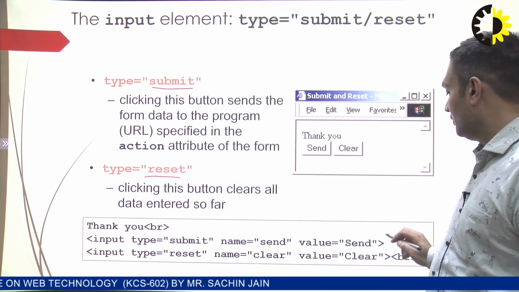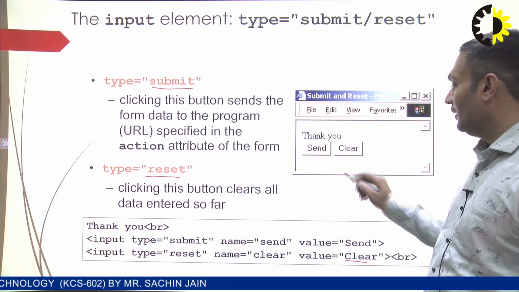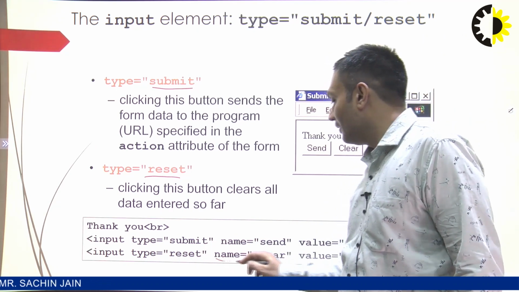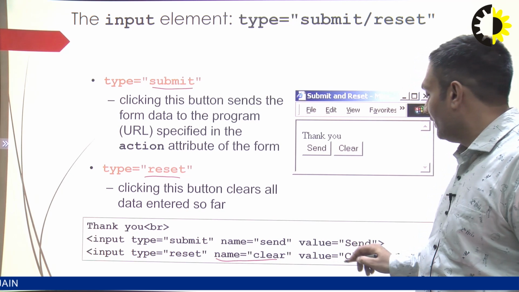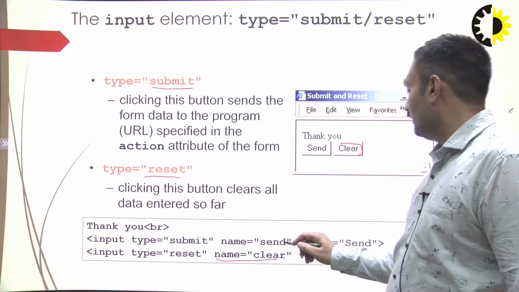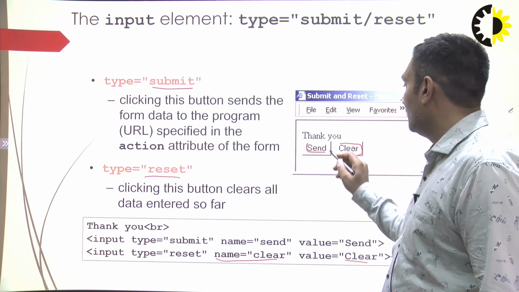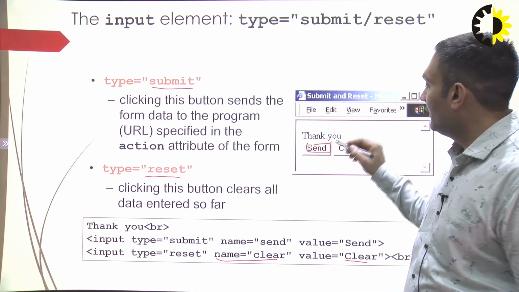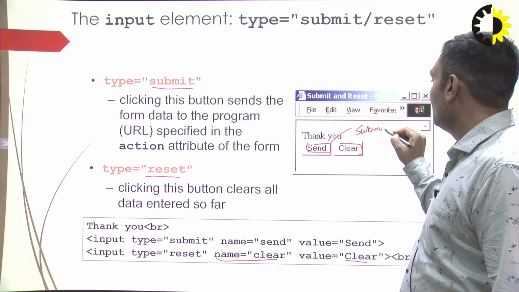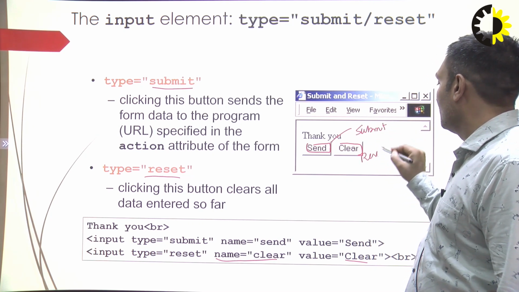The name we can give as any name, and the value is what is displayed here. Here send is written, so send is displayed. So this button is the submit button, and this button is the reset button.